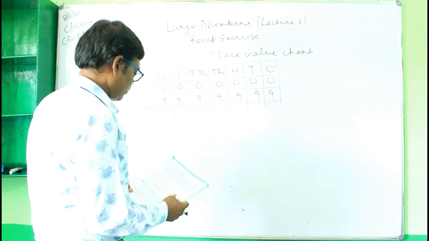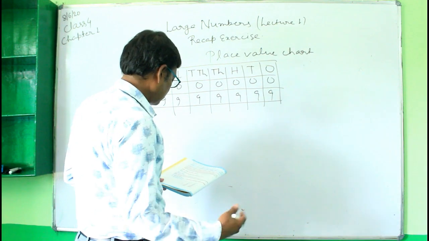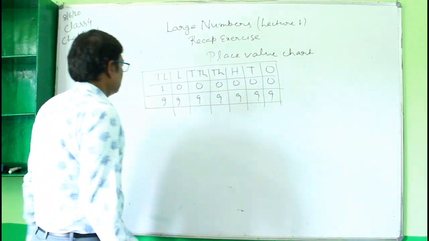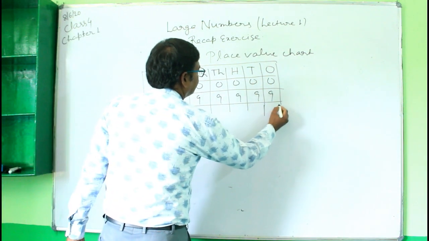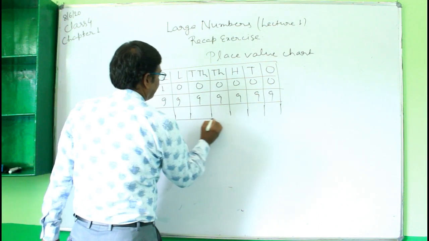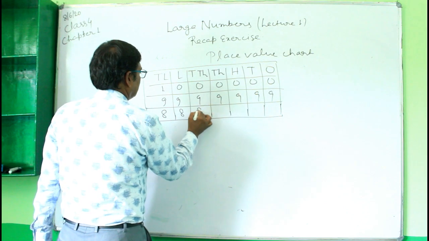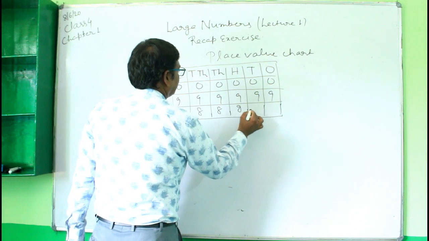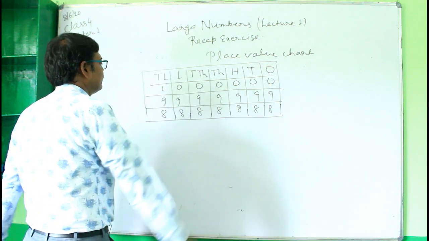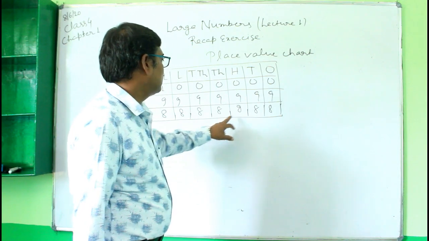Now here you will study about the face value and the place value of a number. Suppose there is a number, again an example. Here I have written another number, 88 lakh 88,888.